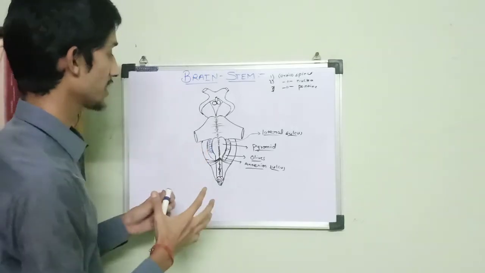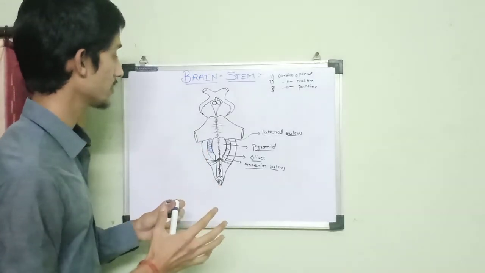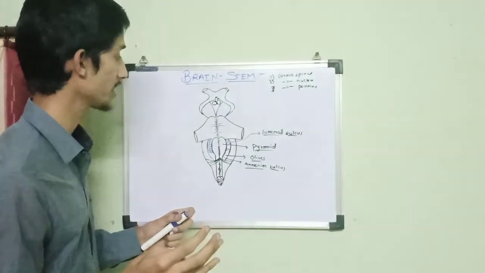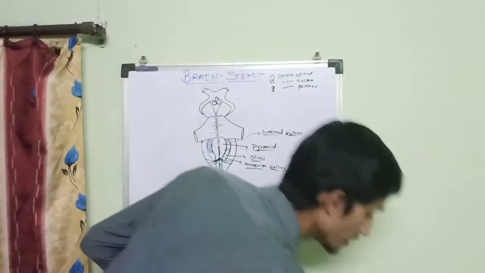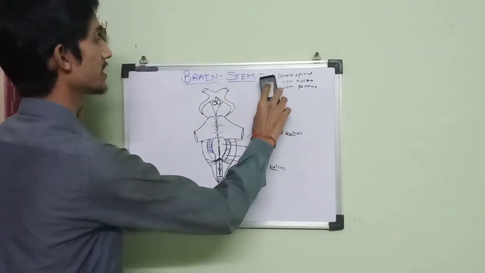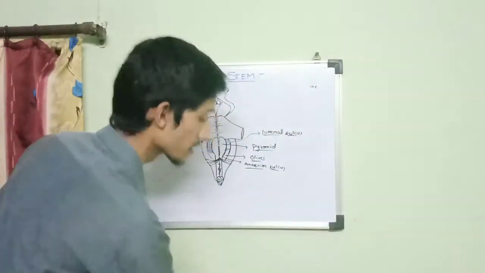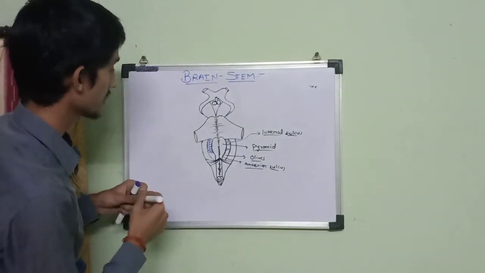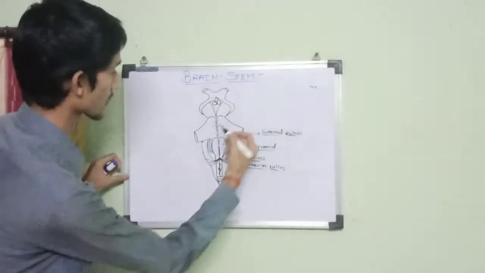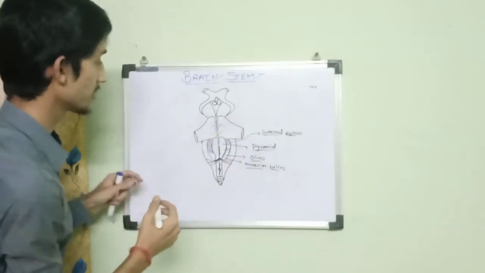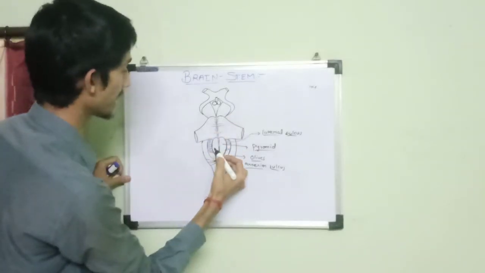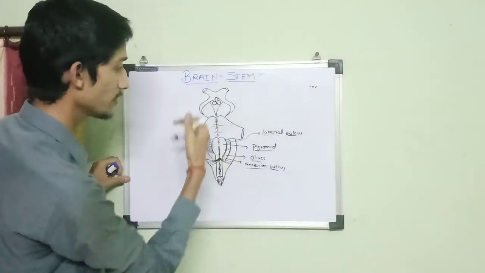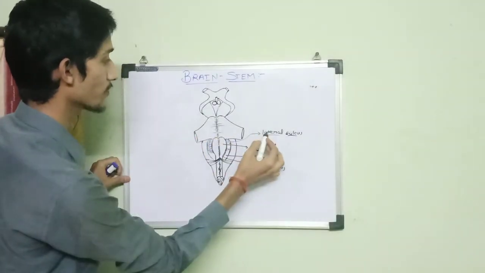So these are the important landmarks which we need to know for knowing the exact origin of the last four cranial nerves, that is glossopharyngeal, vagus, spinal accessory, and hypoglossal. So let's see from where they arise. The ninth cranial nerve, that is glossopharyngeal, arises a little bit upwards from the lateral sulcus.